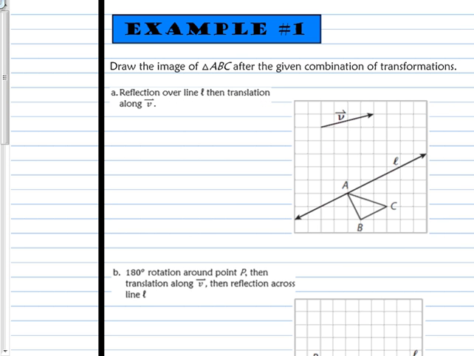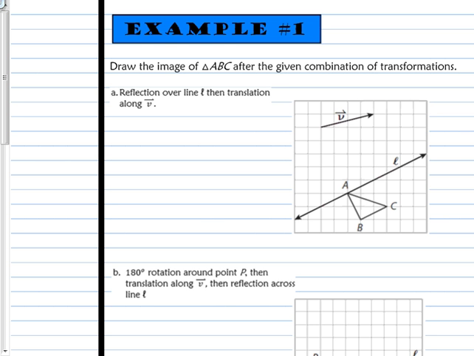Example 1, we're going to draw the image of triangle ABC after the given combination of transformations. So letter A is we are going to reflect over line L, and then we are going to translate along the vector. Up until this point, we have been reflecting across the X or Y axis, which is definitely easy, and for a lot of you, very simple, something you could do very quickly.